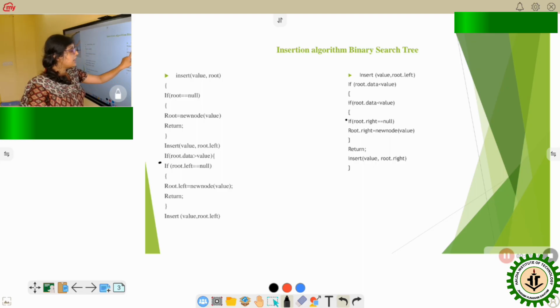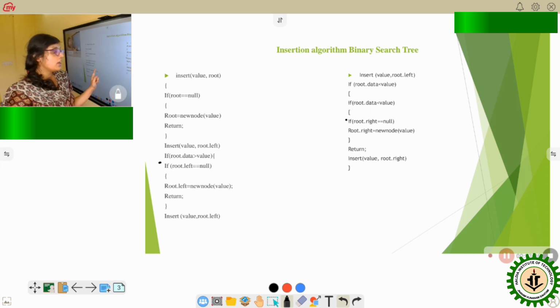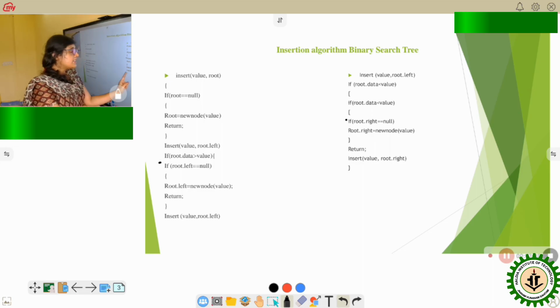If root.data is less than value, we will check whether the right subtree is empty or not. So, if root.right is equal to null, this condition is used to check whether the right subtree is empty or not. If it is empty and the value is greater than the root value, we will insert the value in the right subtree.